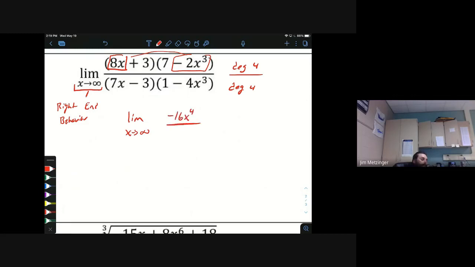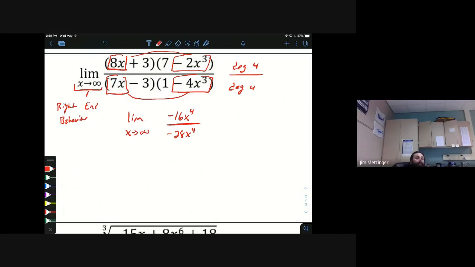And the bottom here would be when I have the 7x multiplied by the -4x to the third, the -28x to the fourth. So that function that we have in here, as I increase the size of x without bound, it's going to behave a lot like this one.